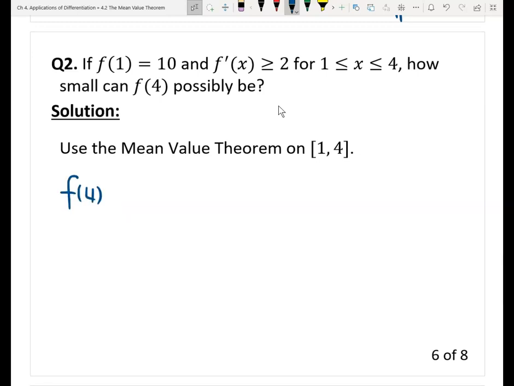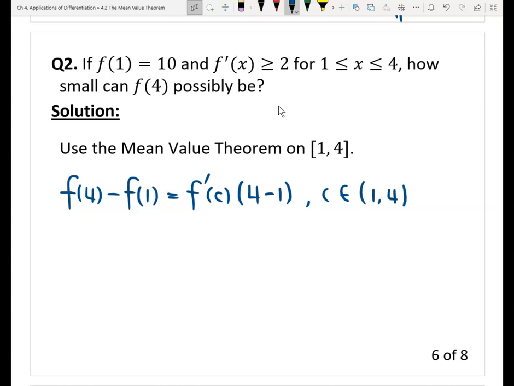How to find f(4)? The mean value theorem states that f(4) minus f(1), which is delta y, equals f prime at a number c between 1 and 4 times delta x. What is delta x? Delta x is 4 minus 1, and c, of course, is between 1 and 4, right?